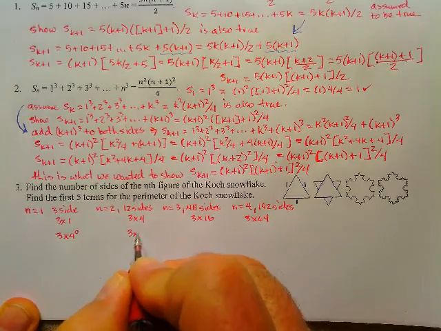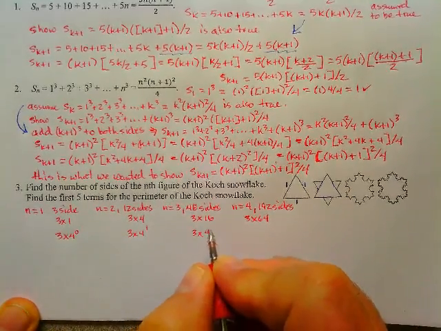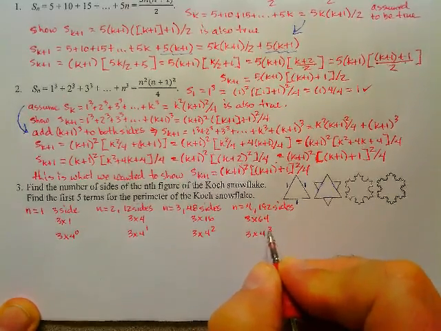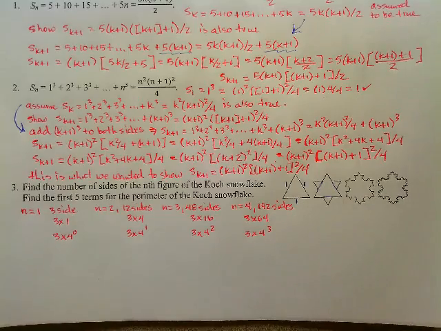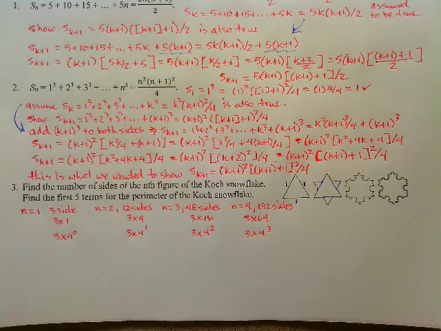This one is 3 times 4 to the 1. This one is 3 times 4 squared. And this one is 3 times 4 cubed. And so I have found a relationship that increments 0, 1, 2, 3, and so forth.